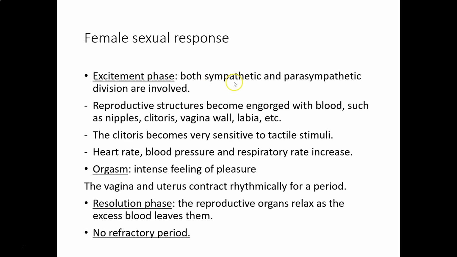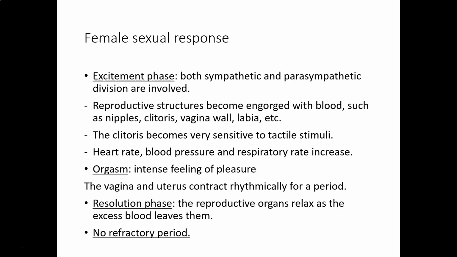You have both the sympathetic and parasympathetic divisions involved. If you still remember from A&P 1, when we talked about the autonomic nervous system, that's divided into sympathetic and parasympathetic divisions, and we said they oftentimes oppose each other. You have dual innervation in a lot of the organs, and their functions will be opposing each other.